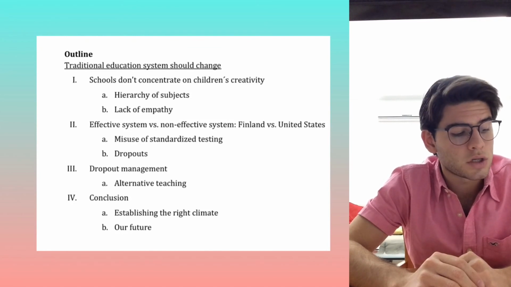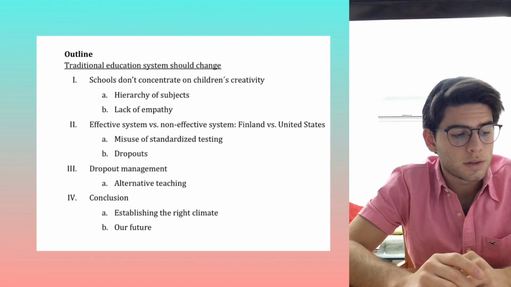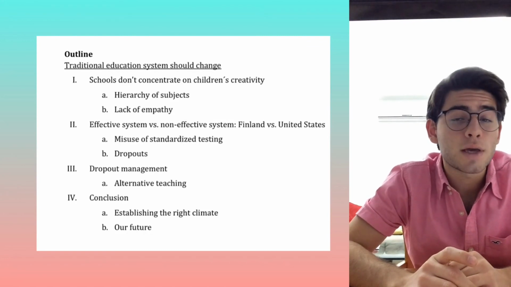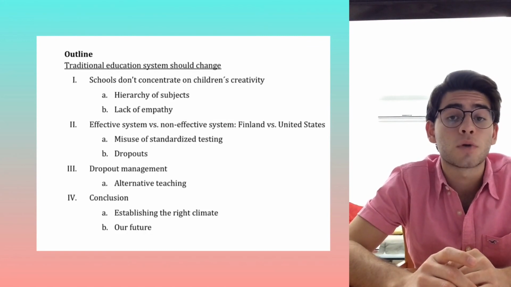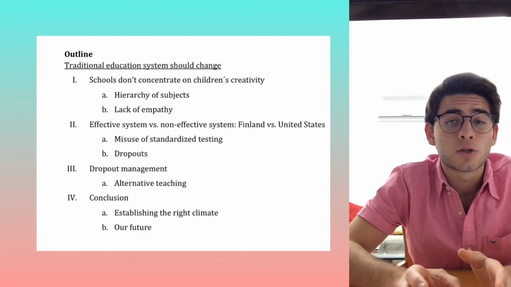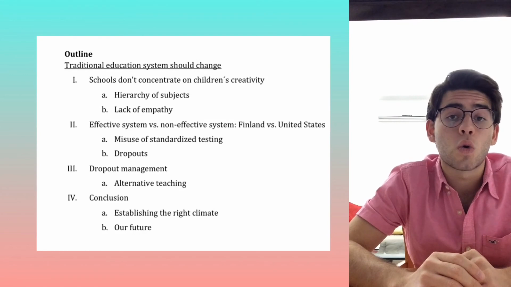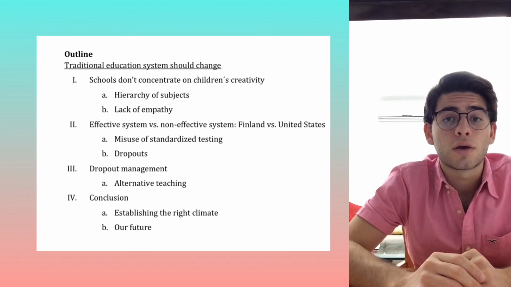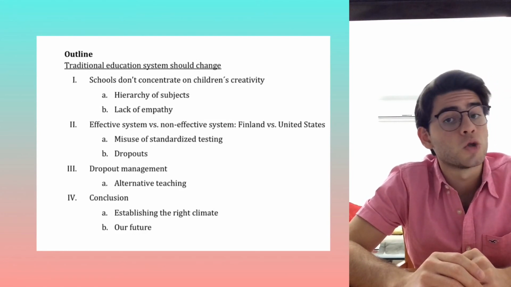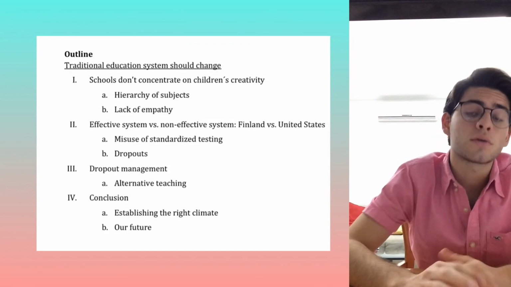My conclusion is establishing the right climate and our future. This mostly and most importantly has to give the reader some kind of motivation, some kind of strong point. You also have to restate your thesis statement that you wrote after the introduction.